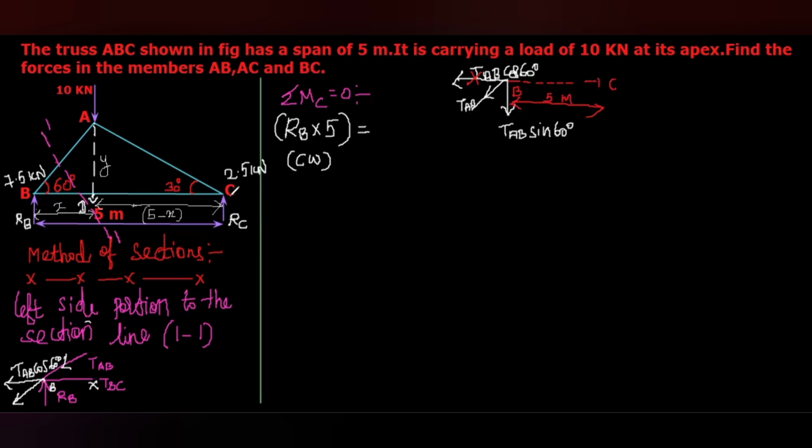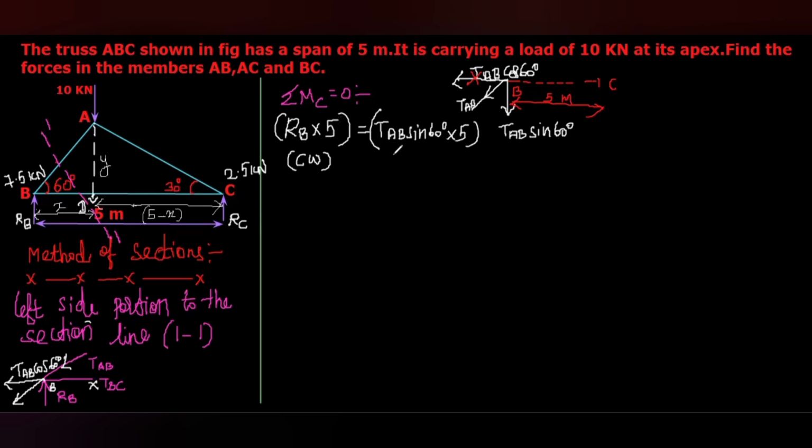From the point C, TAB sine 60 multiplied with this 5 will be in the counterclockwise direction.